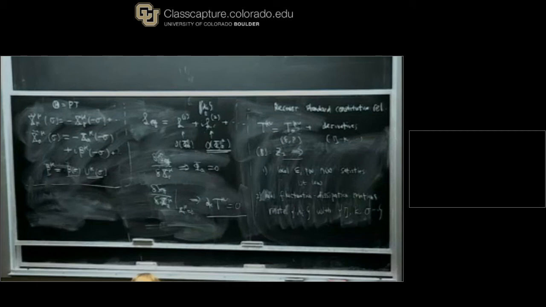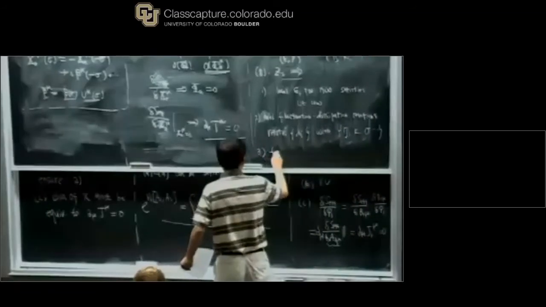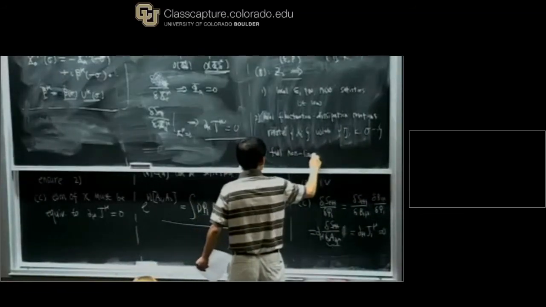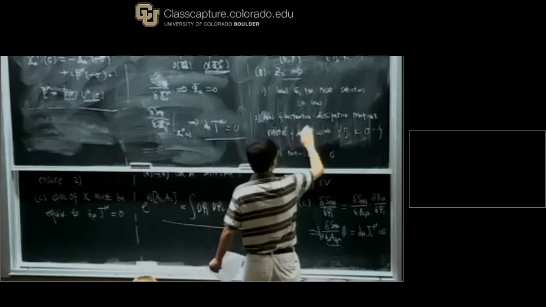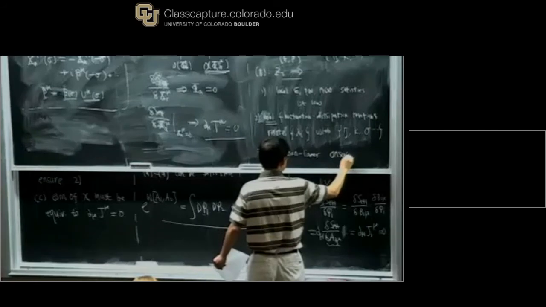And the third thing from the Z2 symmetry is that it gives you a full nonlinear Onsager relation. This fluctuation dissipation relation is only local, so these are the full nonlinear Onsager relations.